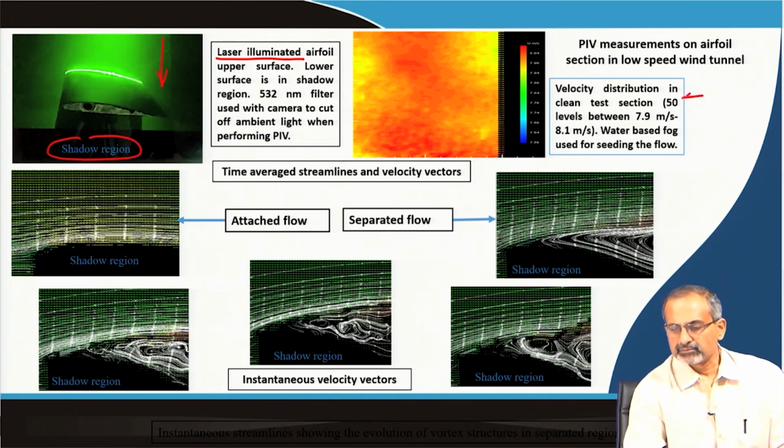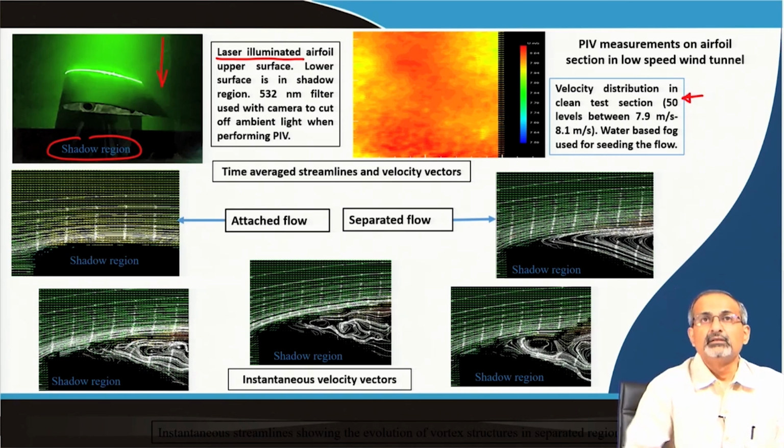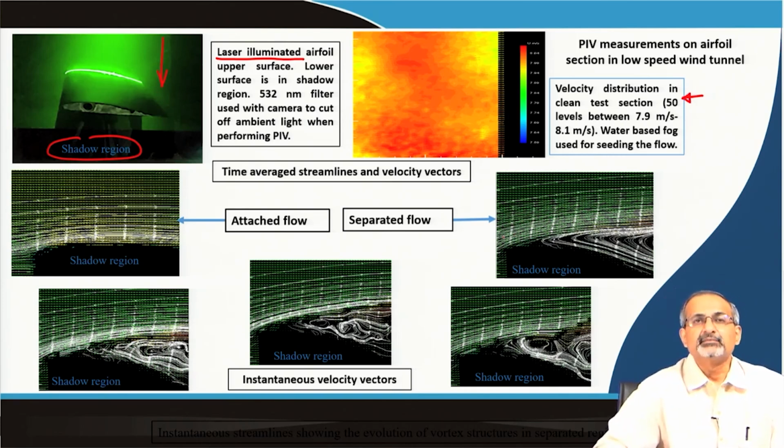When you look at the clean test section, that means without the model inserted, then you will be able to see the velocity distribution in the clean test section. Between a mean velocity of 7.9 to 8.1 meters per second, 50 levels have been introduced, so that you get the range of colors spanning between those two velocities.